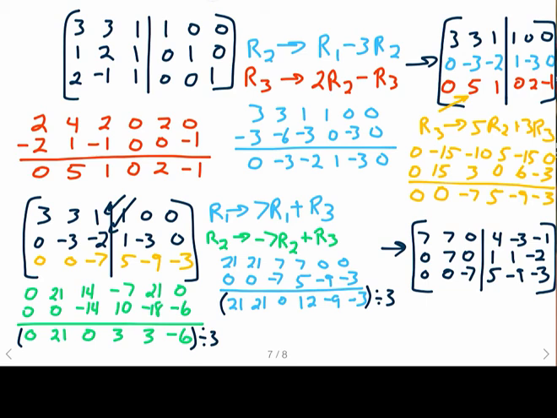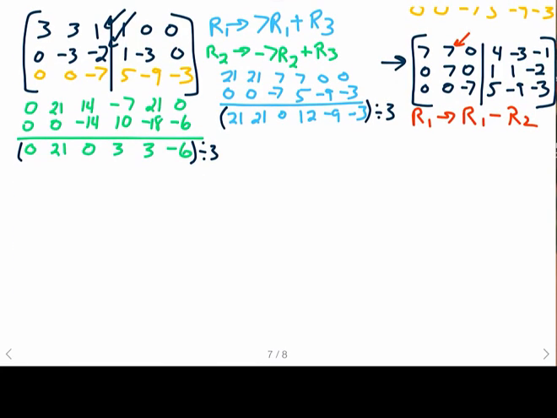And the third row is unchanged at 0, 0, negative 7, 5, negative 9, negative 3. Now I'm after a 0 in the top middle position of the matrix on the left of the augmentation. And so we're going to take row 1 and replace it by simply row 1 minus row 2.